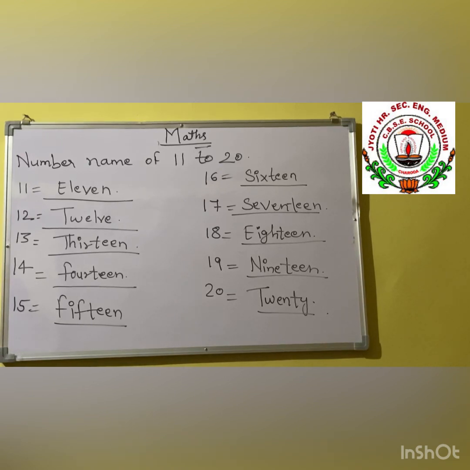And the last one, 20, is T-W-E-N-T-Y. Now, you have to write this 2 times in your maths copy.